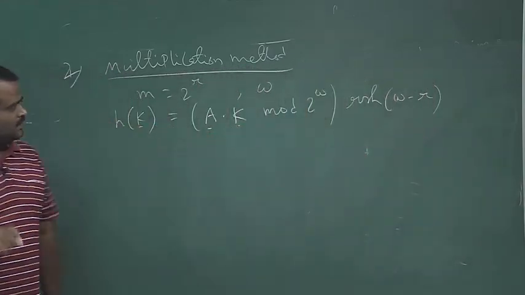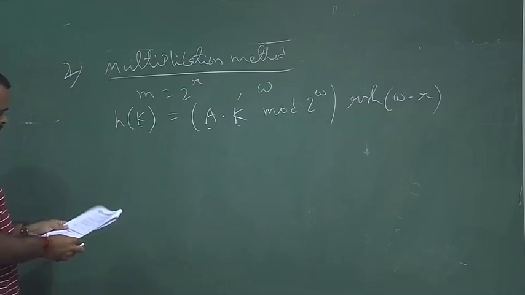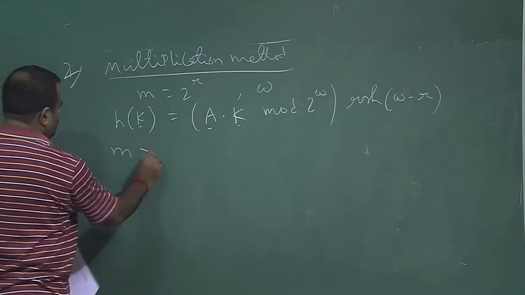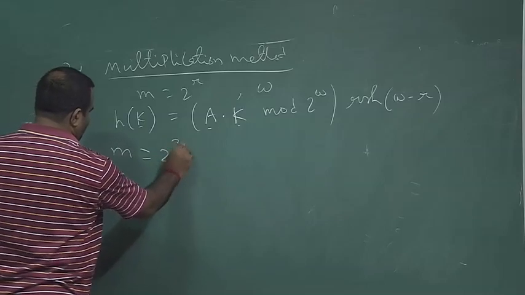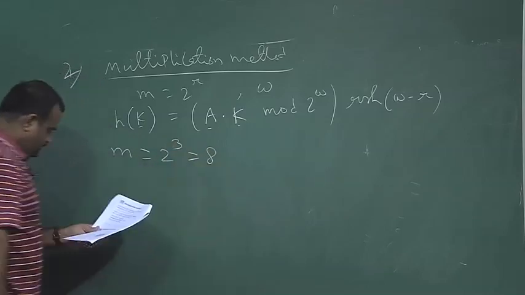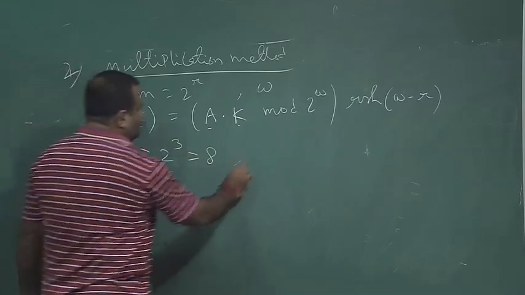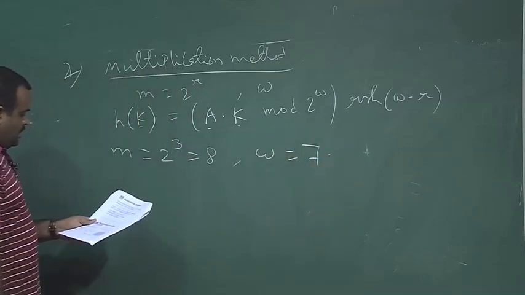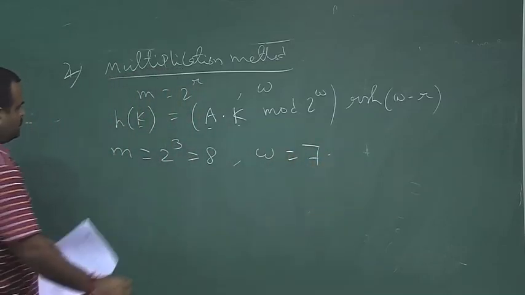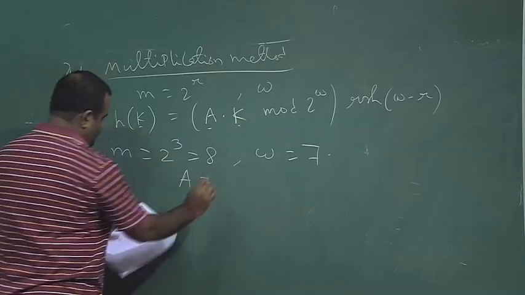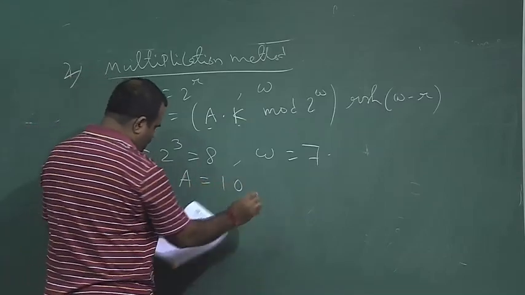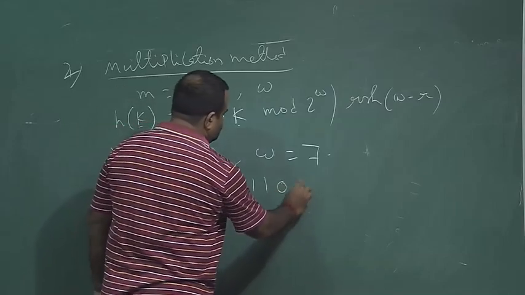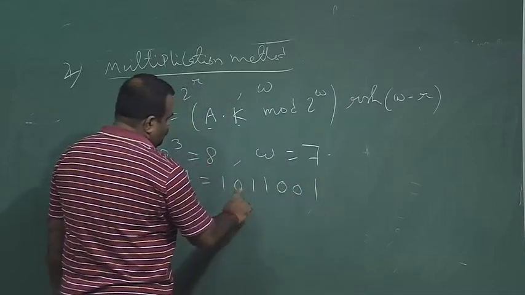Okay. So, we will take an example. Suppose we choose m equal to 2 to the power 3, which is basically 8, and we choose w equal to 7. Now, suppose we choose a constant a to be, say, 1 1 0 0 1 1 1, a 7 bit number.